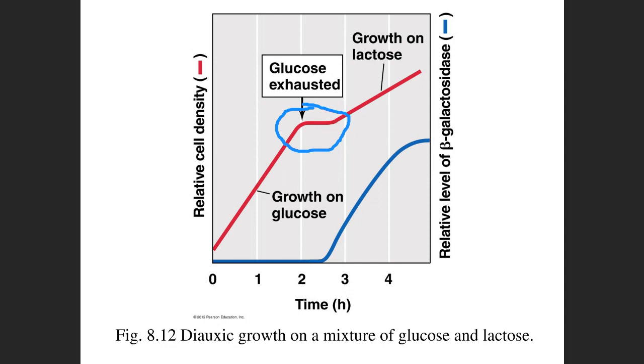And so the point here is that bacteria are able to differentiate the two sources of carbon, glucose and lactose, and they will use glucose first, and they will actively inhibit the enzyme for lactose, because lactose is there, but it cannot be expressed because having glucose actually inhibits the lactose.